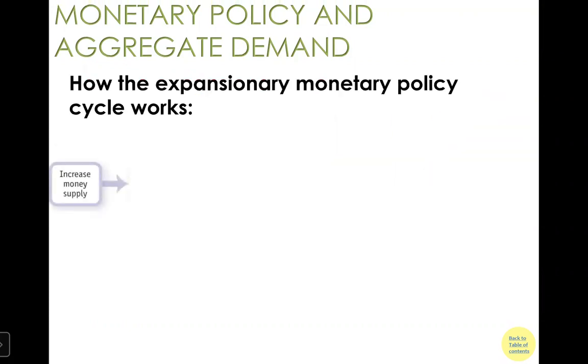So if the central bank takes expansionary monetary policy, it increases the money supply. How can they increase the money supply? They can purchase bonds.